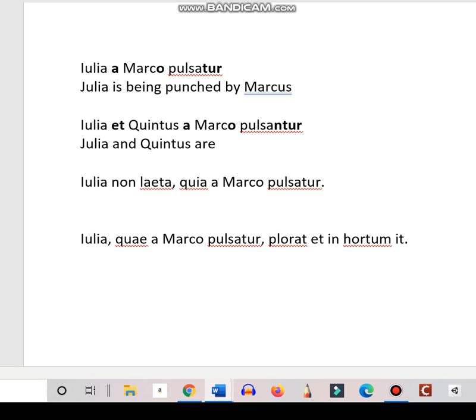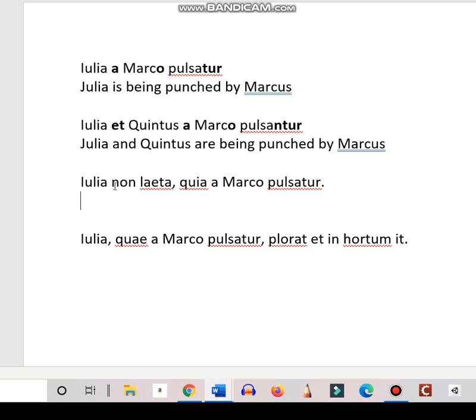So instead of is being punched, we have to write are being punched. So Julia and Quintus are being punched by Marcus. There. That wasn't that much more difficult. All you needed to really do is add an extra word and turn the verb into a plural.